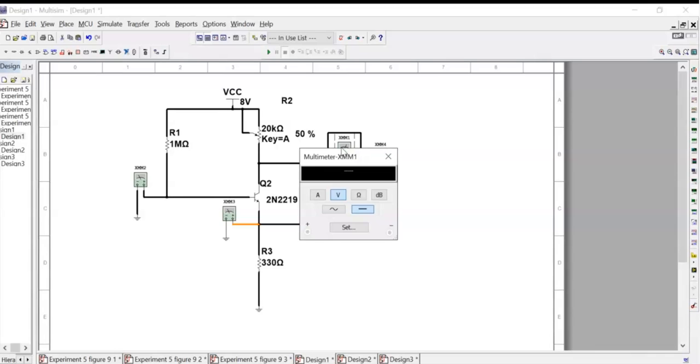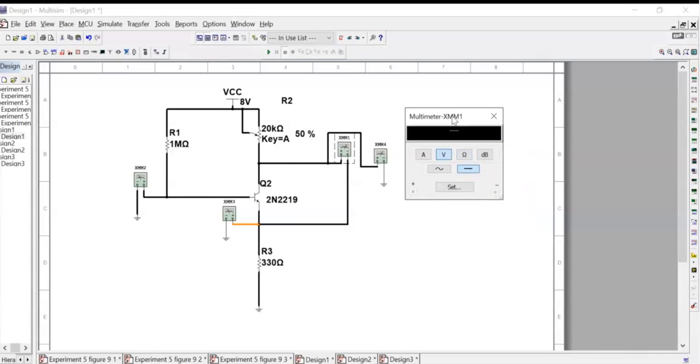We need to open meter 1, which is the collector emitter voltage. Double check the values: 1 meg, 20k, 330 ohms, 2N2219, 8 volts.